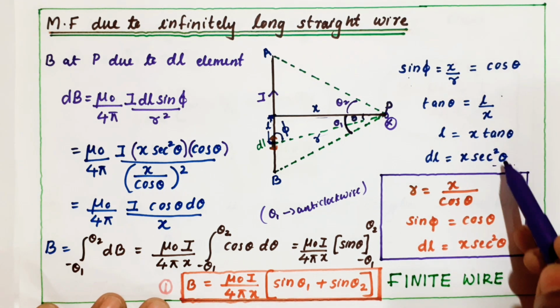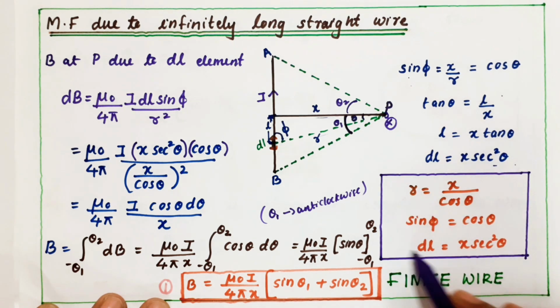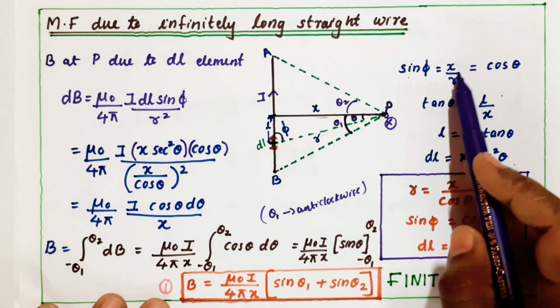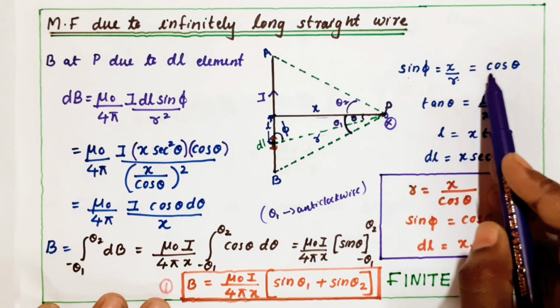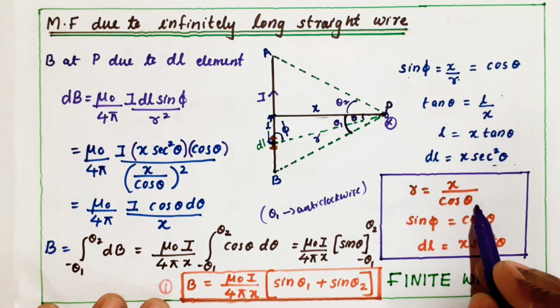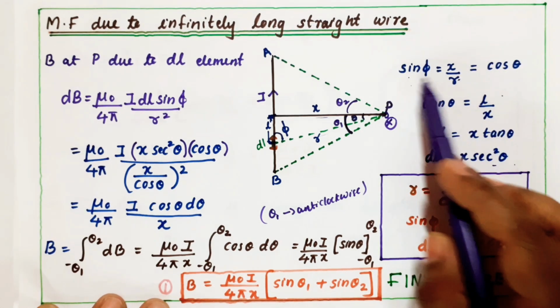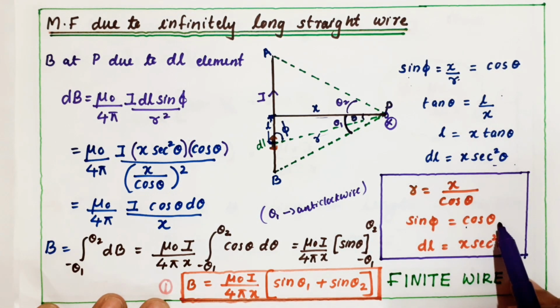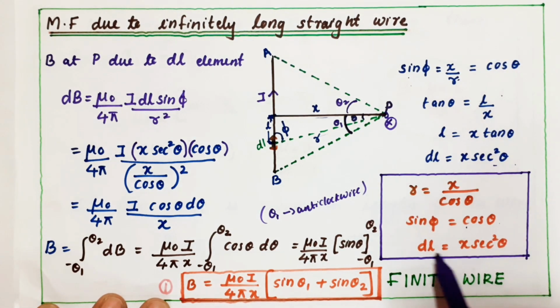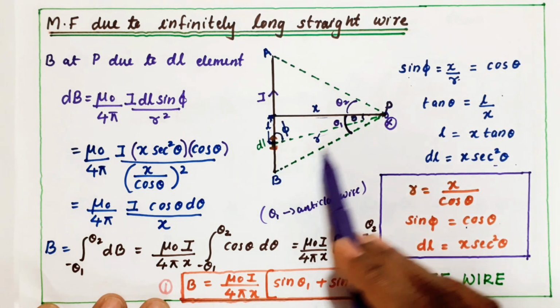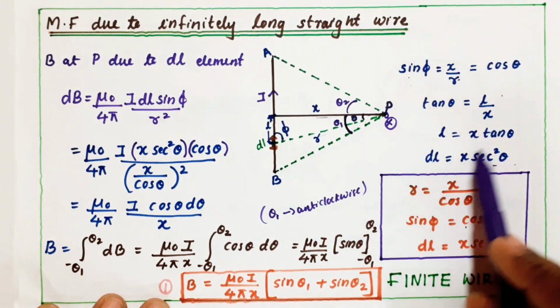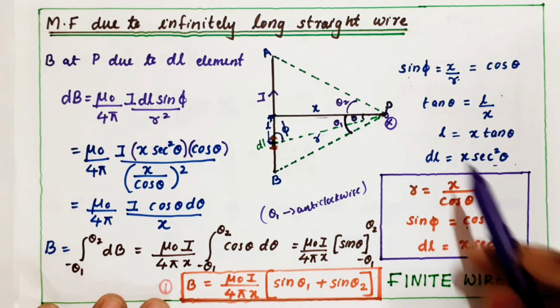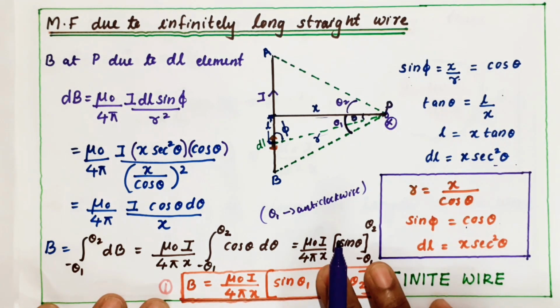So I have some conclusions from this, written in a box: r equals x by cos theta, sin phi is equal to cos theta, and dl equals x sec square theta. From this diagram, I just made some trigonometric conclusions. Only in this step we are differentiating and writing.